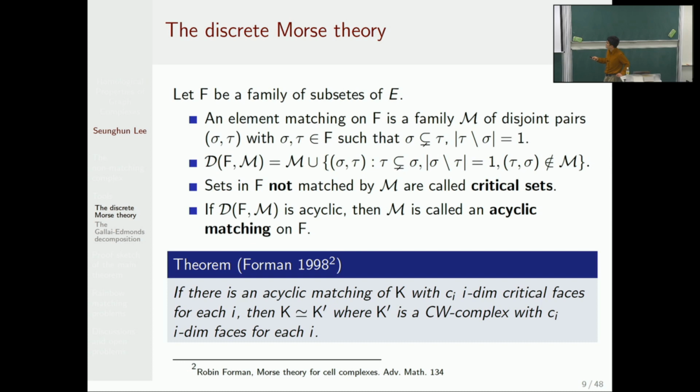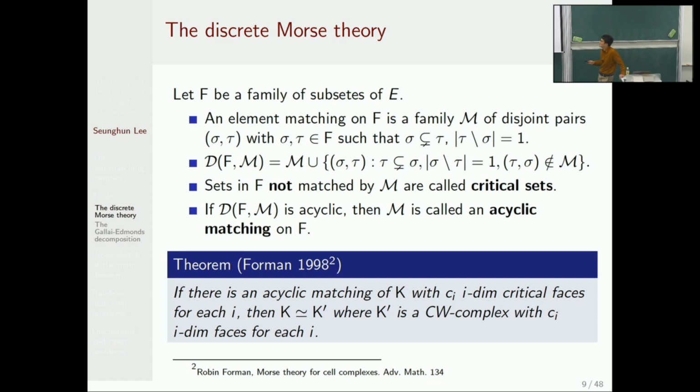Now the containment is reversed: tau is a subset of sigma, the size difference between sigma and tau is 1 as well, and the pair tau, sigma is not in the matching M. When we consider an element of this family as a directed edge, it directs from the larger set to the smaller set.